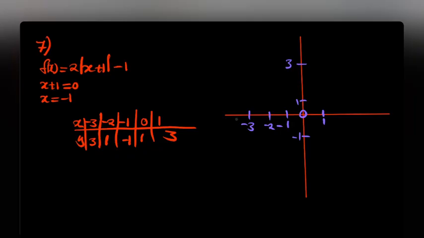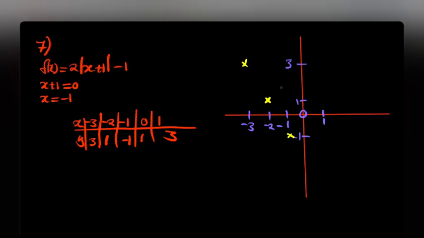So now we need to plot these points. So -3, 3, we have a point there. That's where -3, 3 is. The -2, 1, we have a point here. Then our vertex is at -1, -1, which is right here.